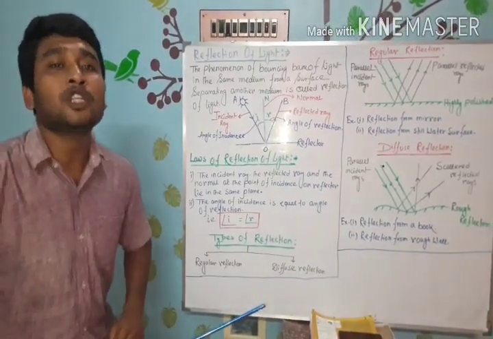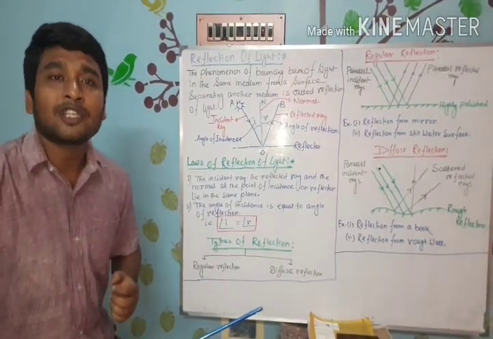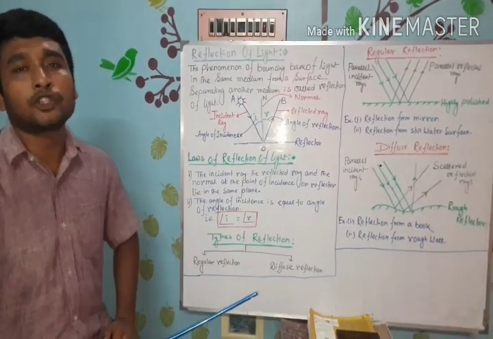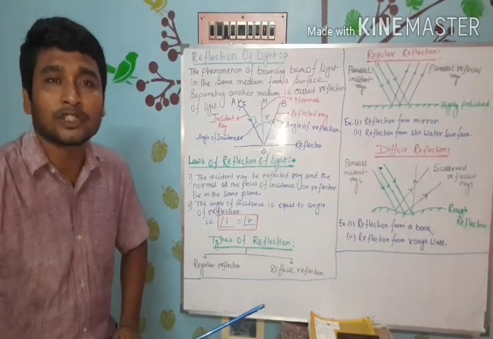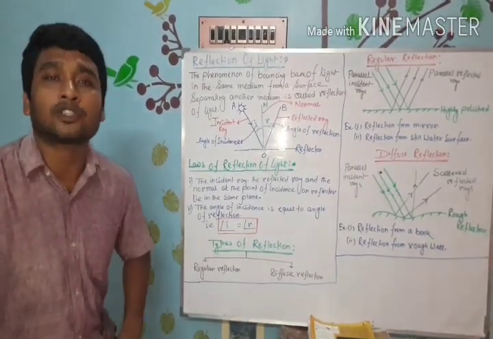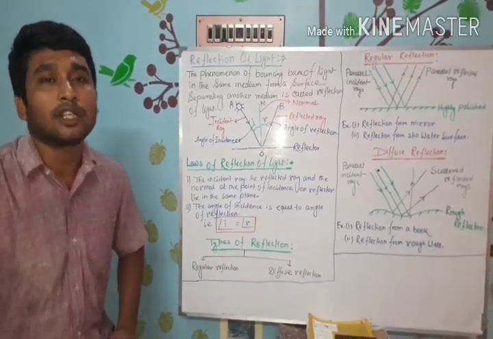To overcome this problem, we make the cinema screen rough, from where diffuse reflection of light takes place, so that the light rays after reflection are scattered throughout the hall, for which every person in the cinema hall is able to see the cinema on the screen.